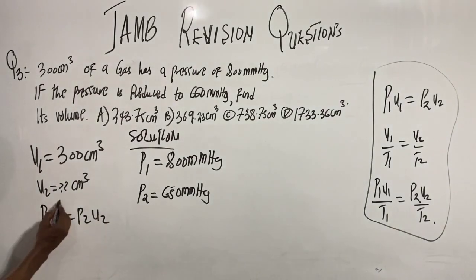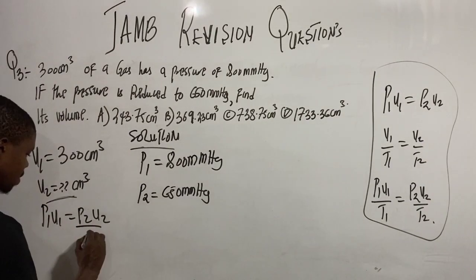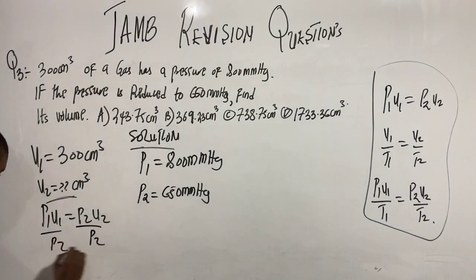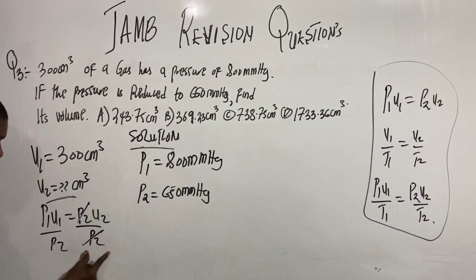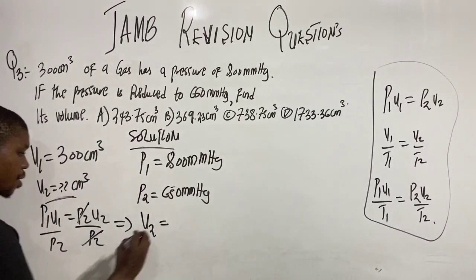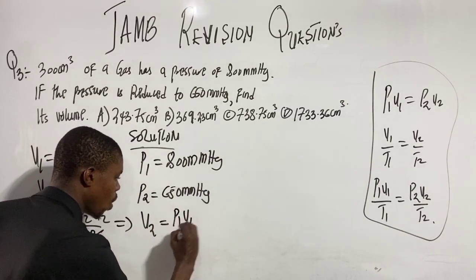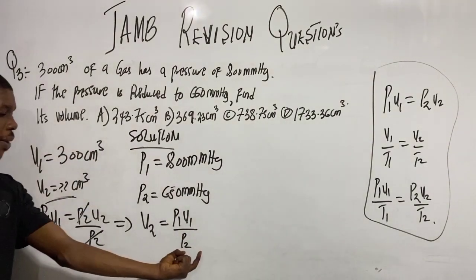I'm looking for V2 here, so I should make V2 the subject of the formula by dividing by P2. Do you get that? So V2 equals P1 V1 over P2.